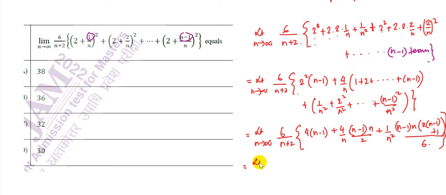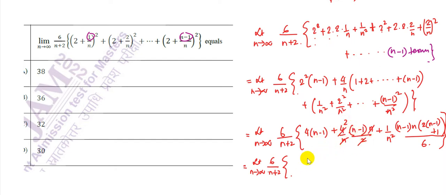So simplify this, limit n tending to infinity 6 by n plus 2 into 4n minus 4, or you can cancel this out, so this becomes 2 and 4, 2.